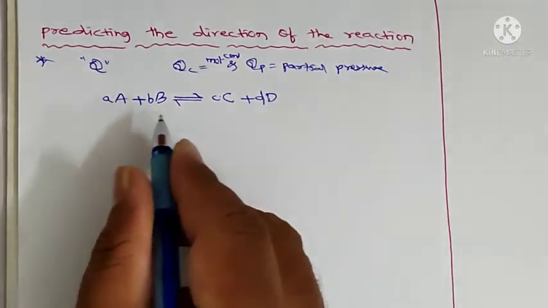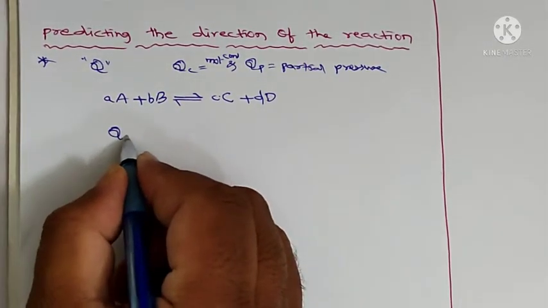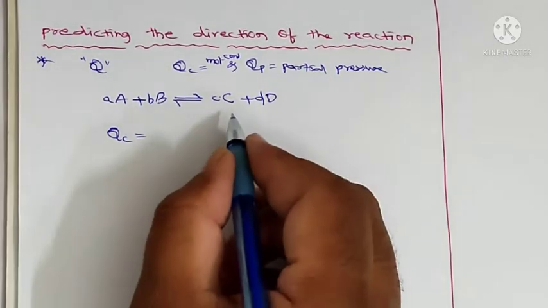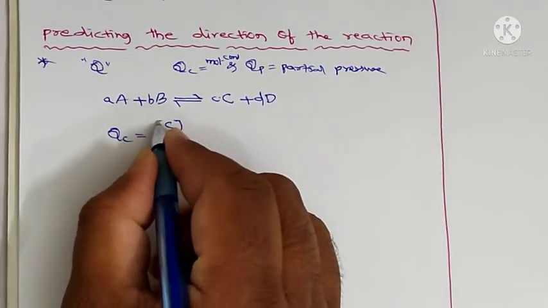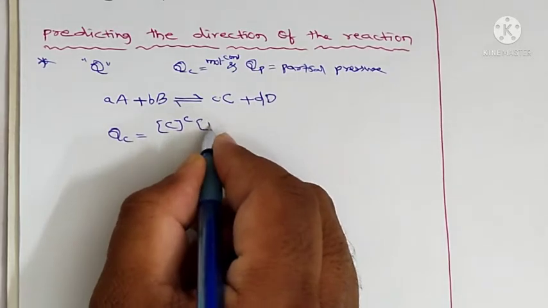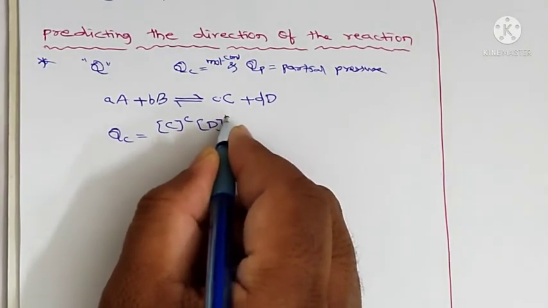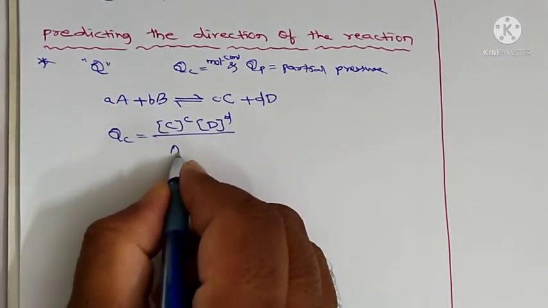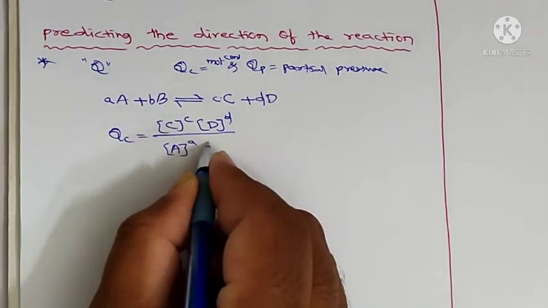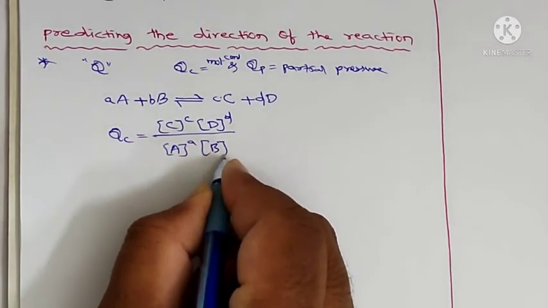For this equation, the reaction quotient Qc is equal to the products concentration, C concentration power c and D concentration power d, divided by the reactants concentration, A concentration power a and B concentration power b.